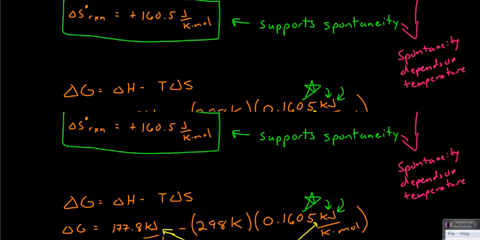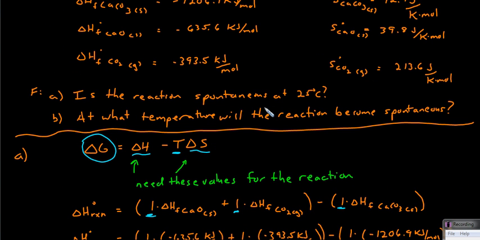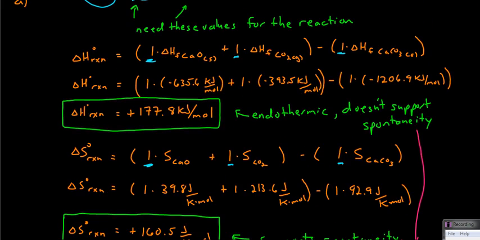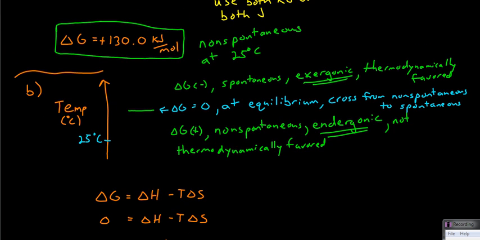Now our question is, at what temperature will that reaction become spontaneous? So we need to say, yes, at 25 degrees Celsius, it's non-spontaneous. Now, maybe at some higher or lower temperature, the reaction will be spontaneous.